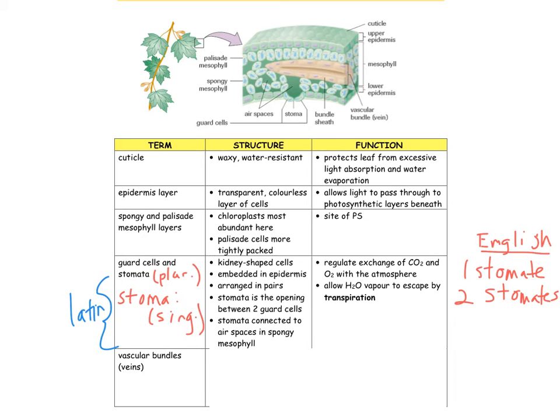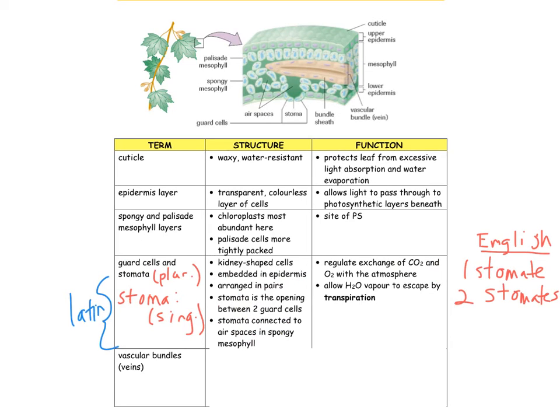So on to the next little bit. We know that the guard cells are little kidney-shaped cells. They're in the lower epidermal layer, and they're arranged in pairs. Their job is to essentially guard the opening of the stomate. The stomate is actually the hole, and it's connected to those air spaces we talked about in the spongy mesophyll. Their job, as we mentioned, is to regulate the exchange of important gases. We want CO2 to go into the leaf because it is a reactant in photosynthesis.